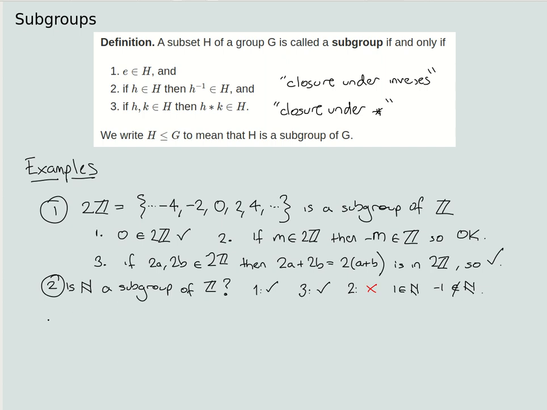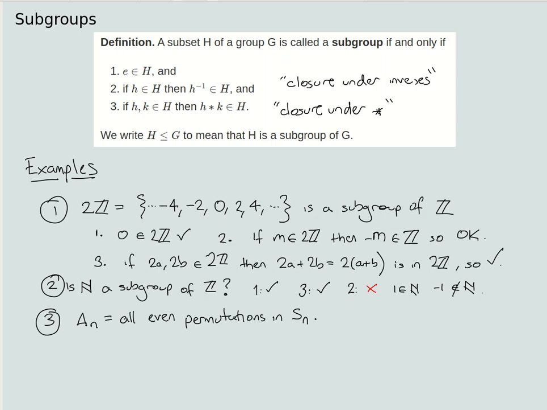Okay, let's look at a more interesting example of a subgroup. So we're going to take An, this is going to be a subset of the symmetric group Sn. So this is going to be all even permutations in the symmetric group Sn.